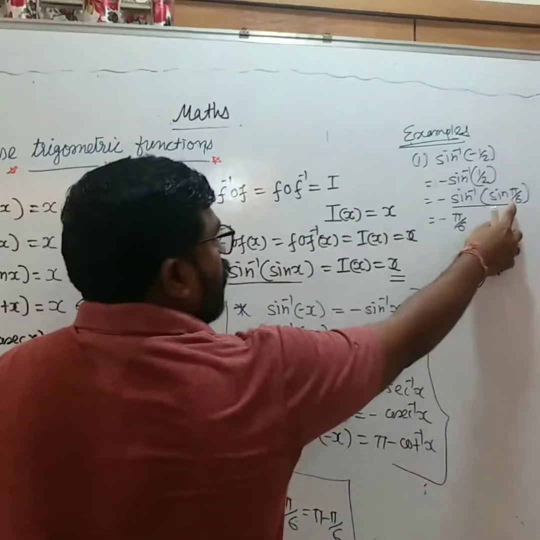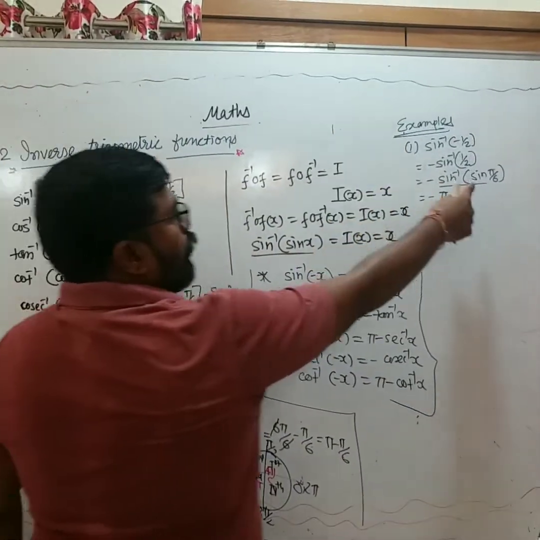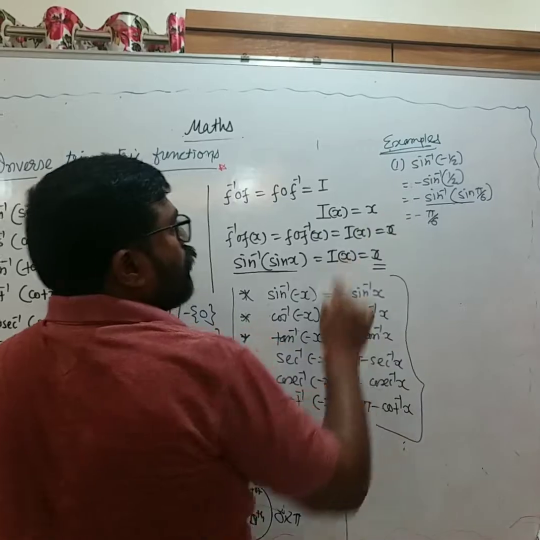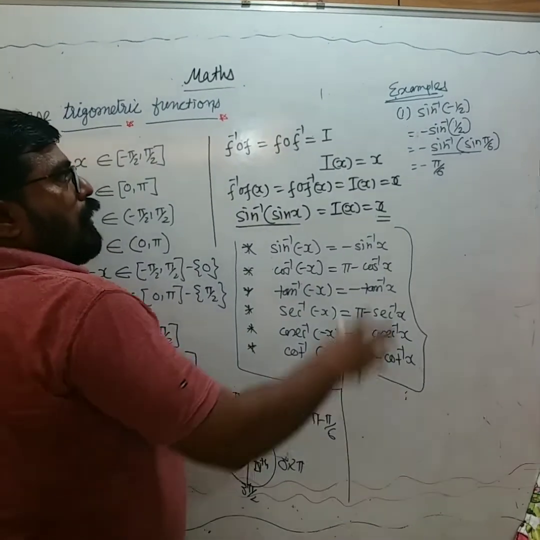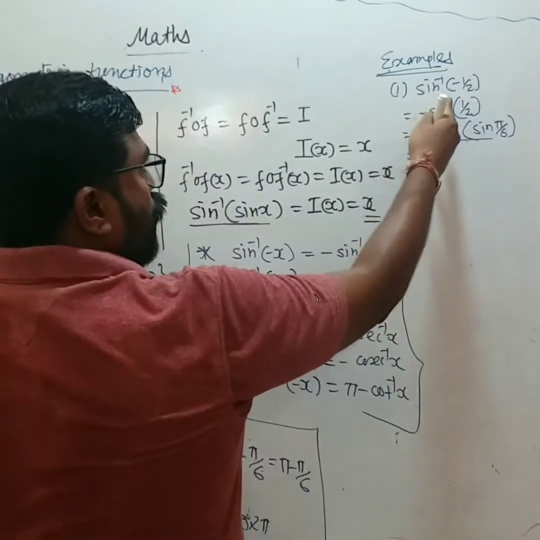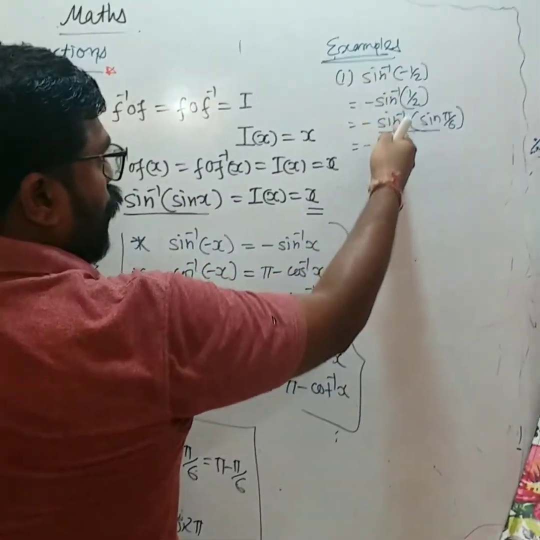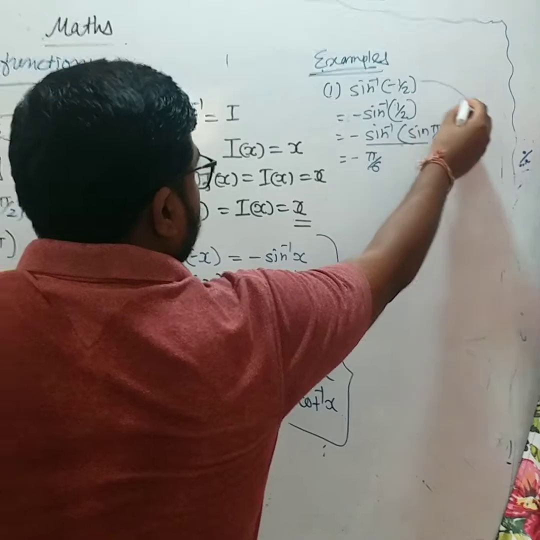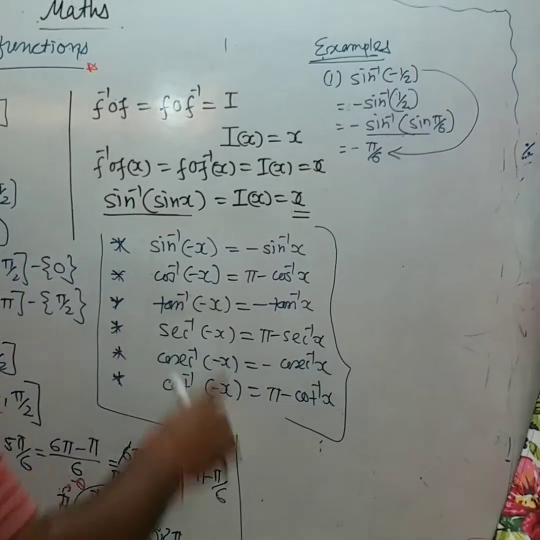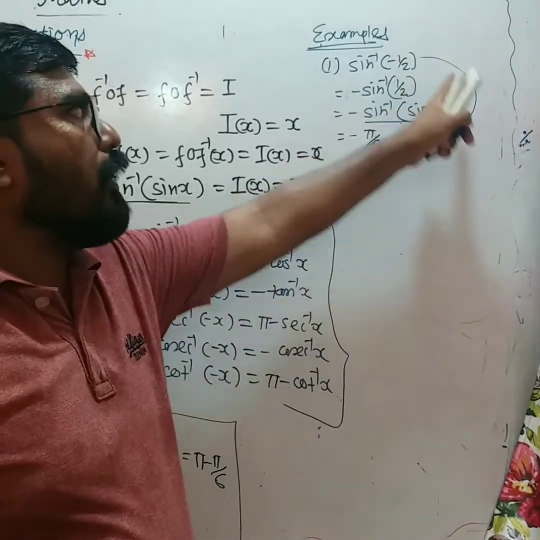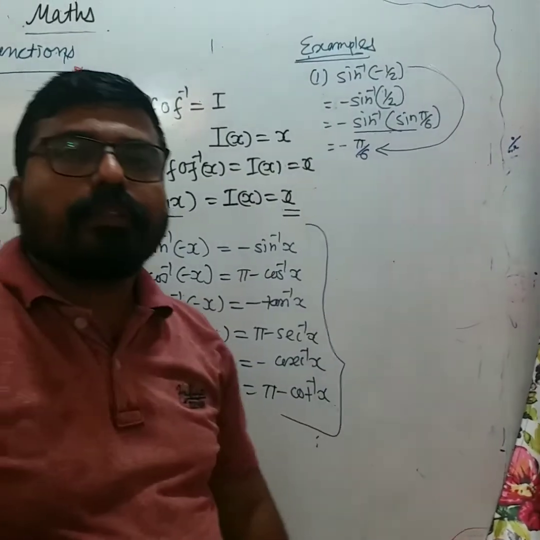Here pi by 6 lies in this interval, so we can write this. So the answer is minus pi by 6. This is our first question, so we have to write all this procedure. After that we can write directly. If you understood this very well, then you can write directly minus pi by 6.